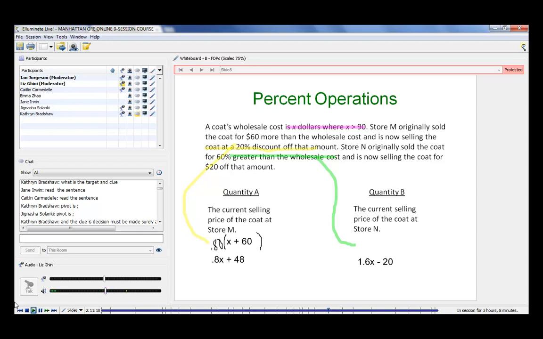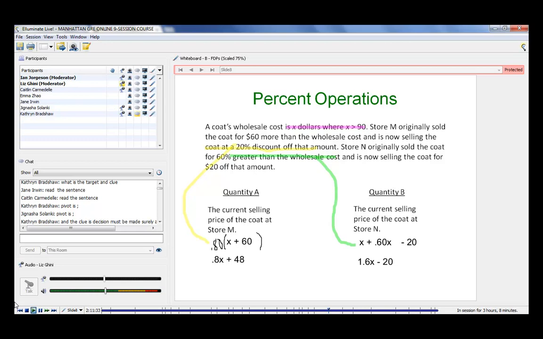So x plus 0.60x, 60% greater, and is now selling it for $20 off. So then we just subtract $20. Okay, Jignash, are you okay with that? Okay, so far, and then just simplifying.